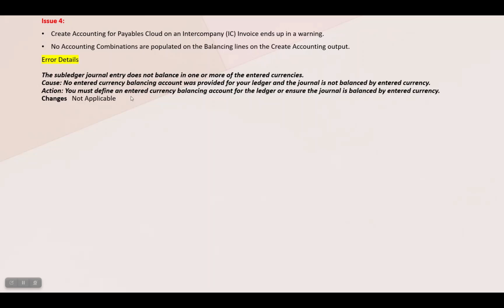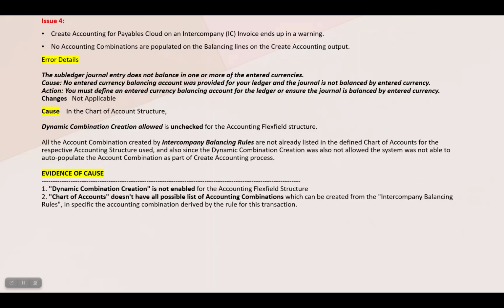As you know, there is one entered currency balancing account you specify in the ledger options, so you can define it or ensure that this journal is already balanced by the entered currency. So what is the cause? In the chart of account structure, the option Dynamic combination creation allowed is unchecked for the accounting flexfield structure.